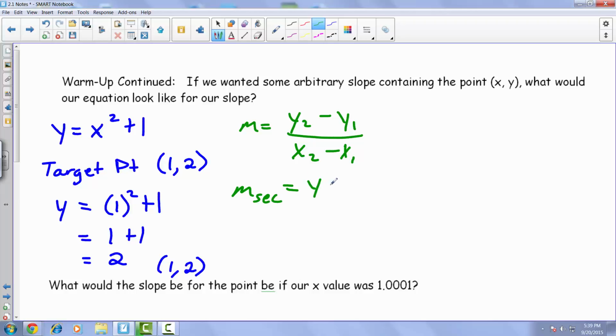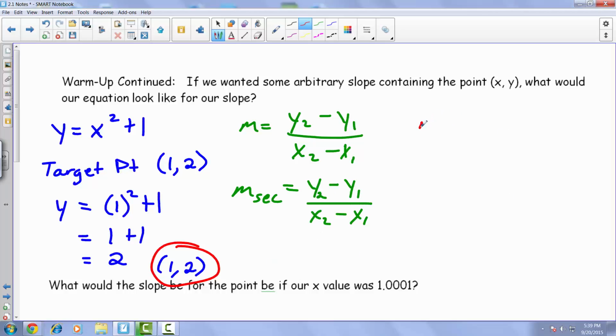So we still have y2 minus y1 over x2 minus x1, and we saw that with various different scenarios. Now, because we're looking specifically at getting towards this target point, we can substitute that in for one of these, x1, y1 or x2, y2.